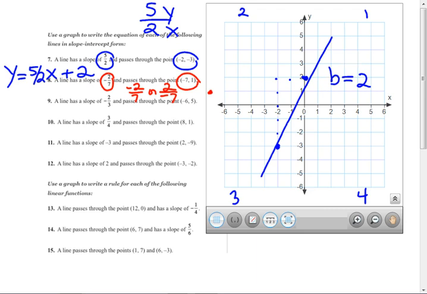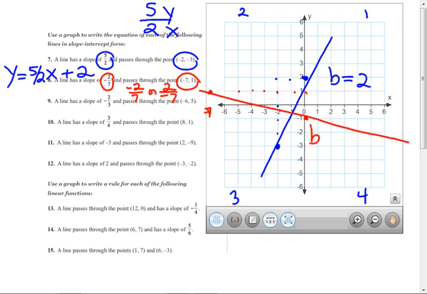So do you want to do the up, down first or the over? I want to go over 7. Oh, here's negative 7. I like to go over first. 1, 2, 3, 4, 5, 6, 7. And then, because it's a negative slope, do I go up or do I go down? Down. It's going to take some thinking.